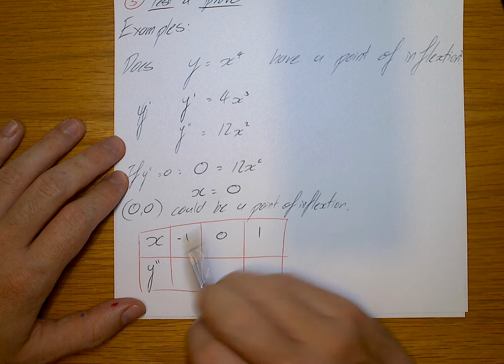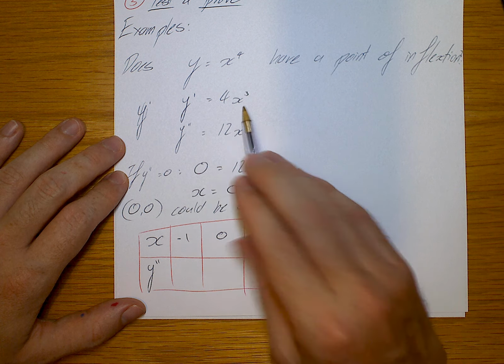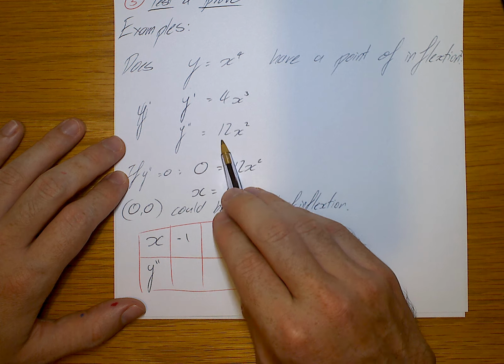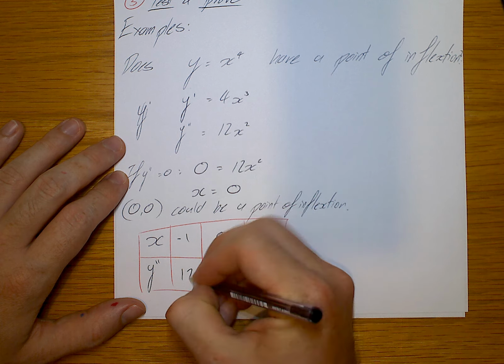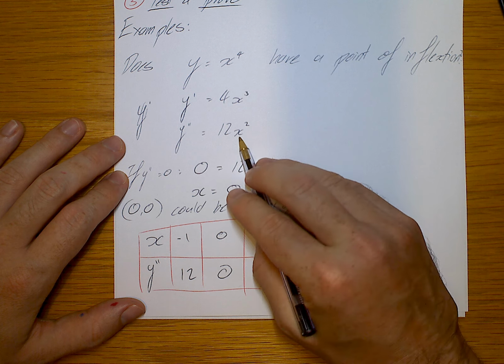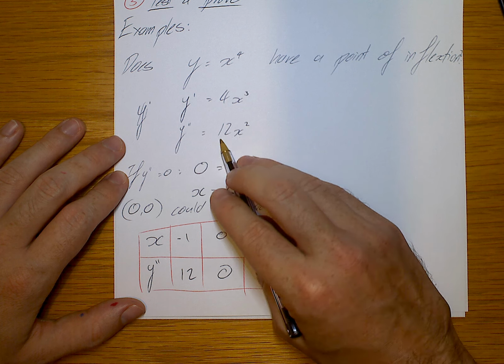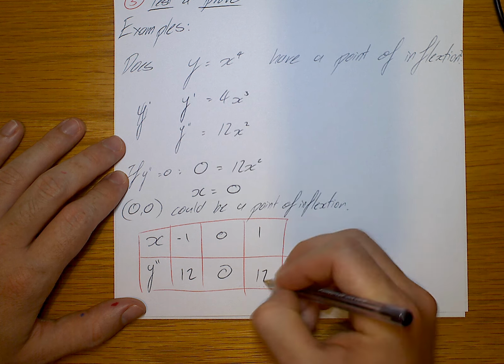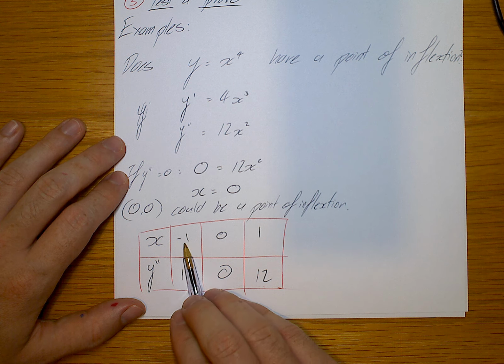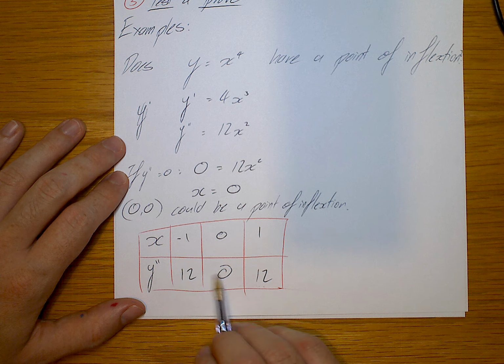If we put negative 1 back into here, negative 1 squared is 1, so it's going to be 12. If we put 0 in here, that equals 0 again. If we put 1 in here, 1 squared is 1, and 1 times 12 is just 12 again. Okay, well, hang on a second here. We have negative 1, 0, 1, so it goes 12, 0, 12. The concavity doesn't change.